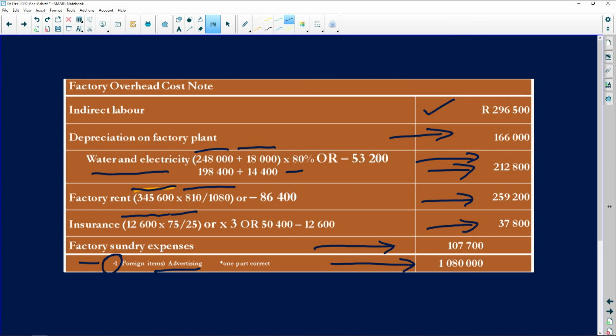Remember, it's a selling and distribution cost. And if you bring it into the factory overhead note, it will not only be marked wrong, but will also be marked as a negative. Can you see here? -1 foreign item advertising. So we don't want that to happen, guys. Please make sure that you check properly when you're going through the items that all of them relate to the factory.